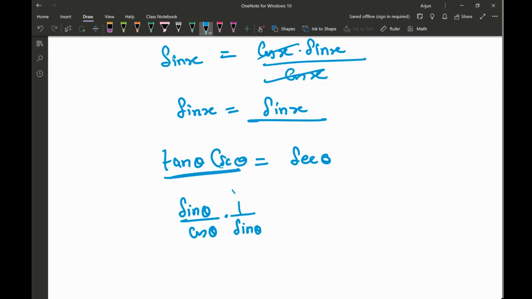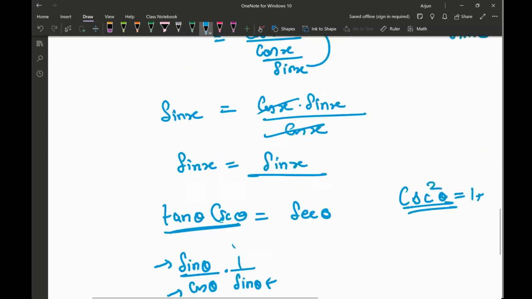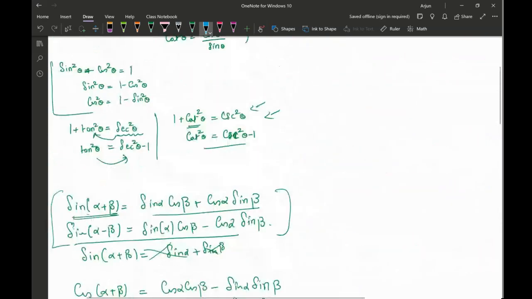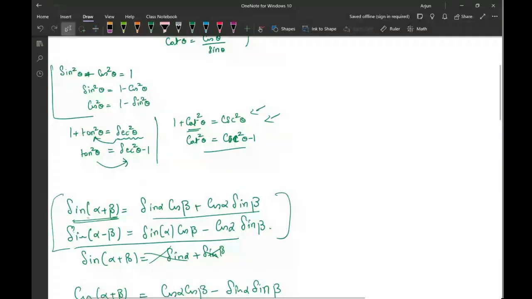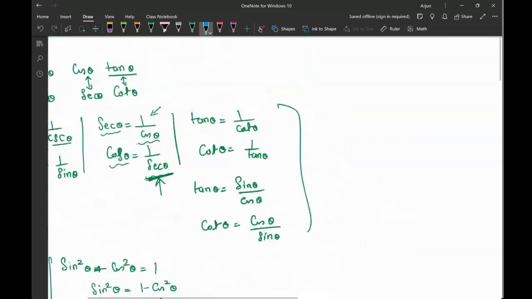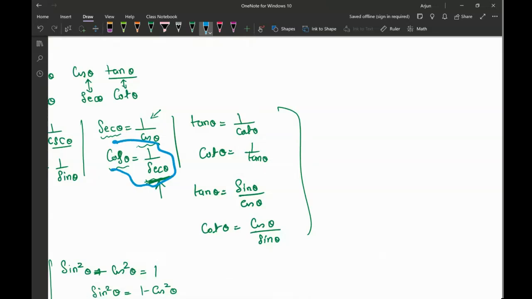Again, why did I use sine theta, cosine theta, and sine theta here? Because I'm not given cosecant square theta. If I was given cosecant square theta, I would have used the 1 plus identity which I've written down here. Cosecant square theta would use this one, but it is cosecant theta, so I went with this one.